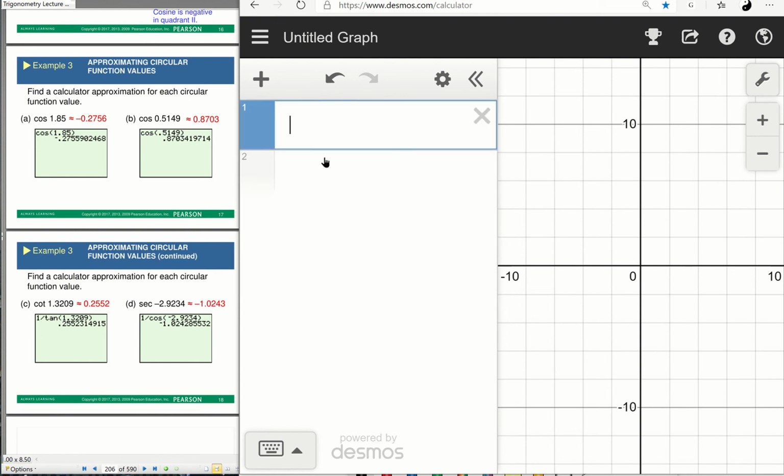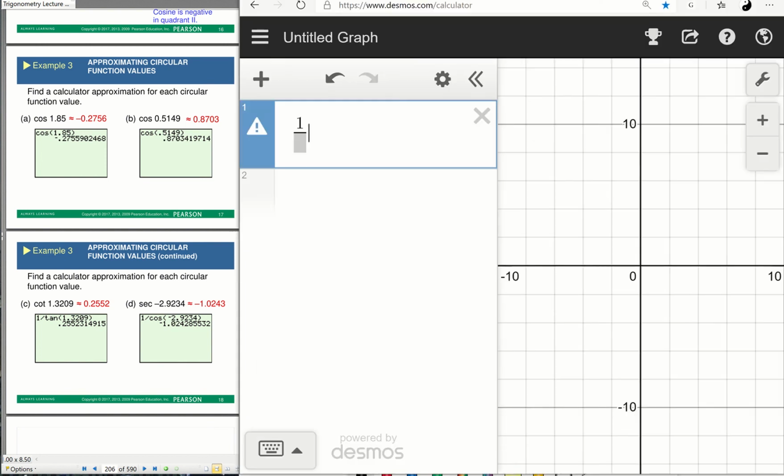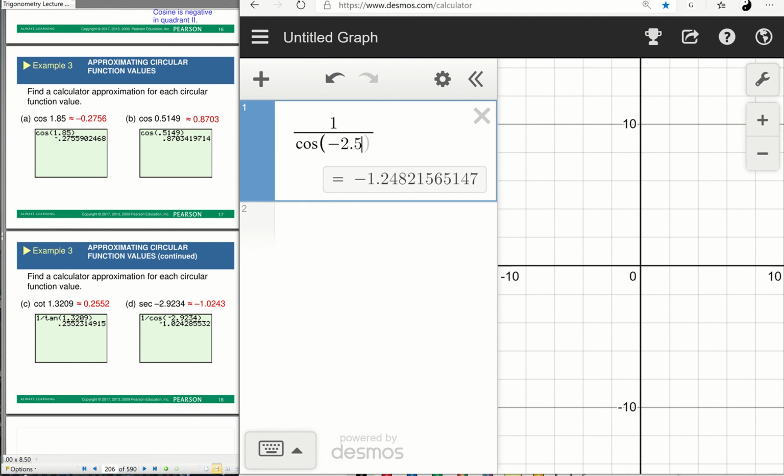So we just say 1 over the cosine of negative 2.5. Again, make sure that when you do any of this, your calculator is in radian mode. All right, so go ahead and practice with a few of those, get comfortable with them, and then after you've mastered it, come on back to continue.